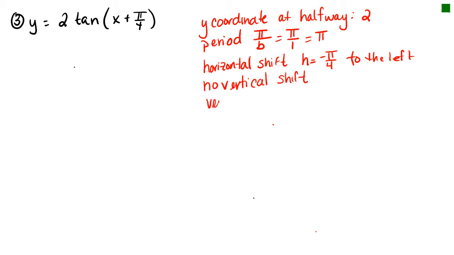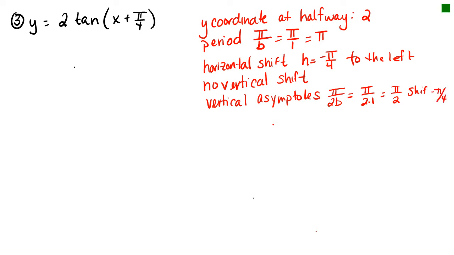On our vertical asymptotes, all right, we're going to be... Why can I never spell asymptotes? Asymptotes are, remember, at pi halves 2b, so it's going to be pi over 2 times 1, which is going to be pi halves, but we have to shift it by negative pi fourths.